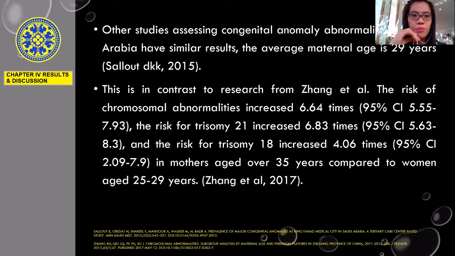So they come to our hospital to do the antenatal care, while maybe in Zhang, where Zhang did the research, the reproductive age is mostly over 35 years. So they got a result that has more chromosomal abnormalities.